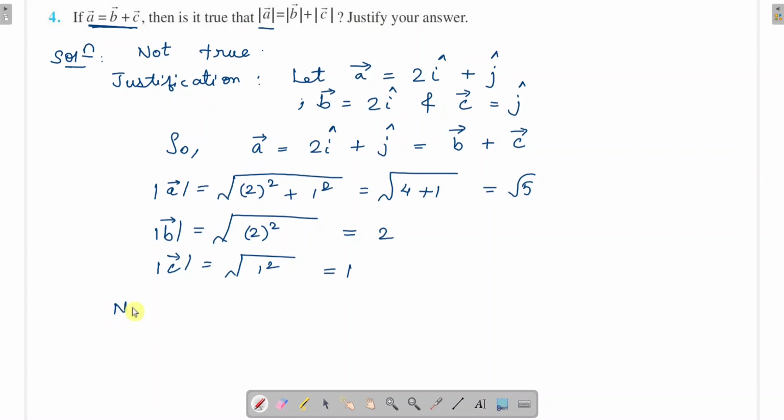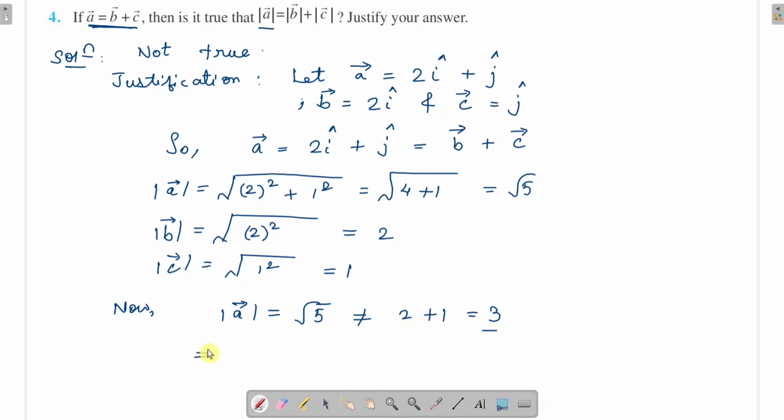So now we can see that magnitude of a bar, which is equal to root 5, right, is not equal to 2 plus 1, which is 3, right? So root 5 is not equal to 3, and we have 3 as 2 plus 1.